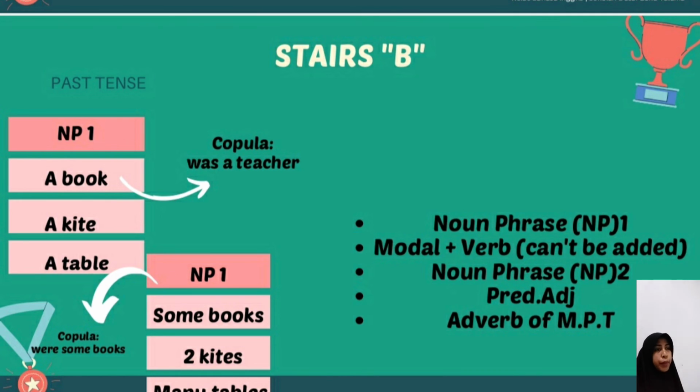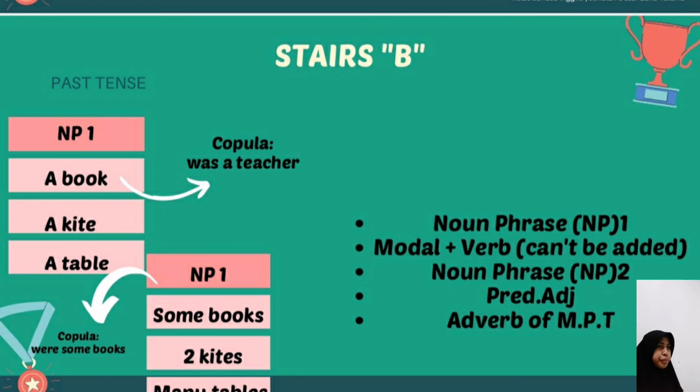As for the steps in simple past: 1. Noun phrase NP1. 2. Modal plus verb. 3. Noun phrase NP2. 4. Predicative adjunct. And 5. Adverb of MPT.